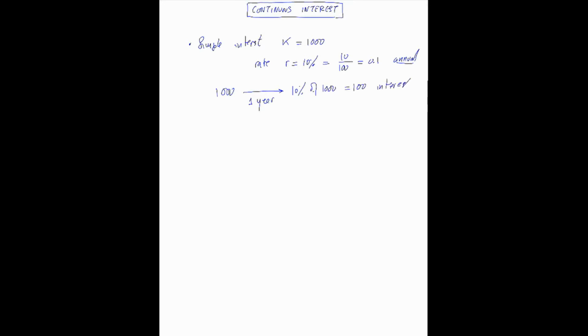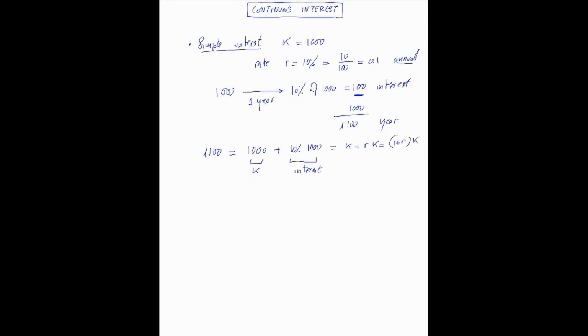Of course, your money is in the bank, so you not only have the interest, you have your principal amount, and in total you have 1,100 at the end of the year. 1,100 is the principal amount, 1,000, your amount K, plus 10% of 1,000, which is the interest. You can write this in general as K plus the rate R of K, or K times (1 plus R). That's simple interest.